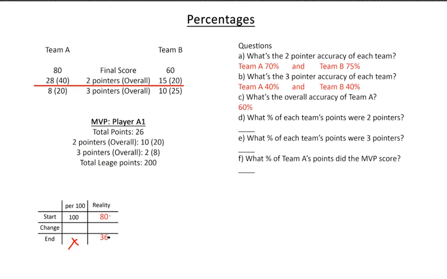So to find that, I would need to do 2 times 28, which would give me 56. And now I can solve this equation. I can do the cross product and get 80x needs to be equal to 56 times 100, which means 80x needs to be equal to 5,600, which means that x needs to be equal to 70.